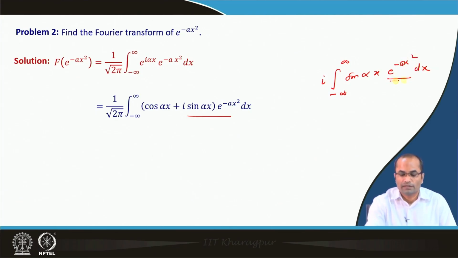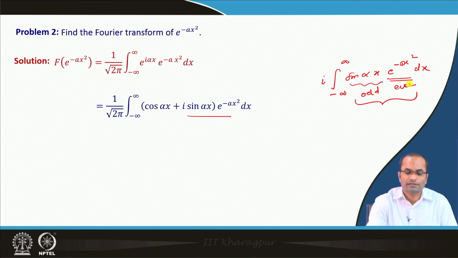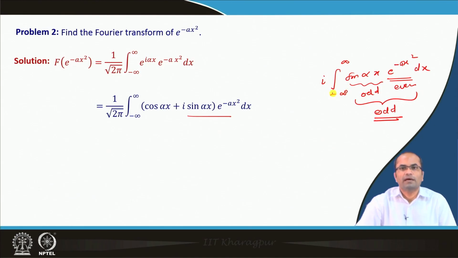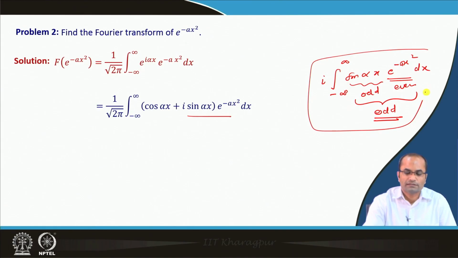This is an even function, and the sine is an odd function. As a multiplication of the two, we have an odd integrand over an interval from minus infinity to plus infinity, and as a result this value will be just 0.